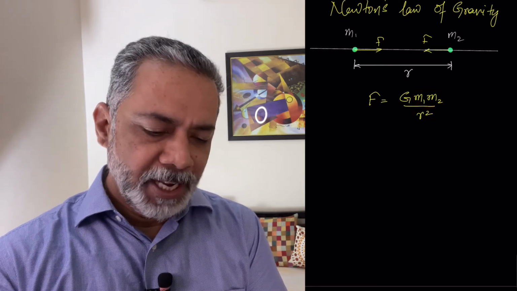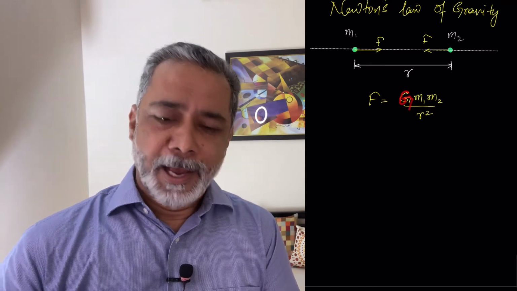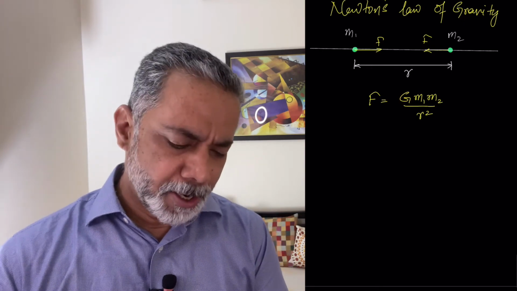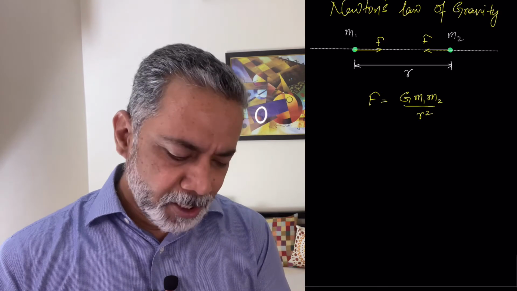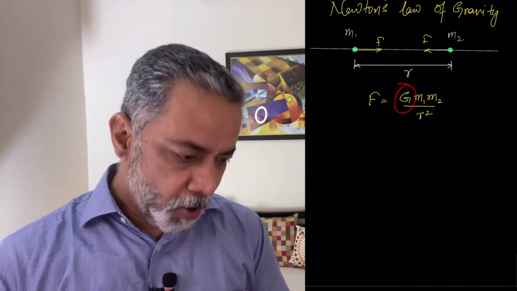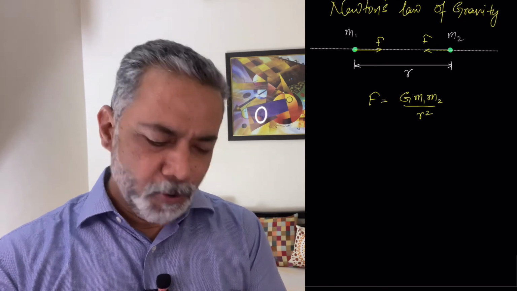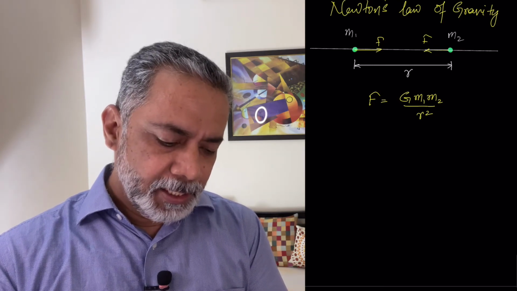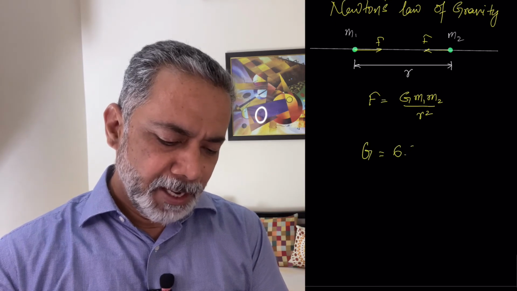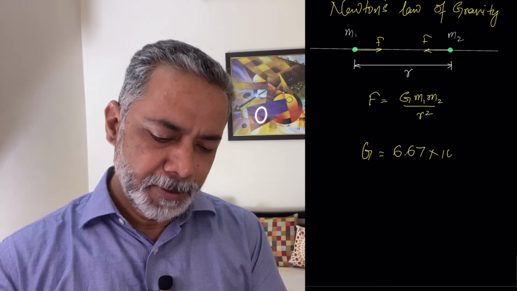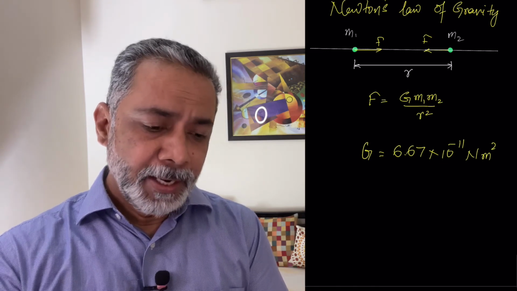There is of course a constant of proportionality which we know as Newton's or the universal gravitational constant. The value of this gravitational constant is very well known to be 6.67 into 10 to the power minus 11 Newton meter square per kg square.